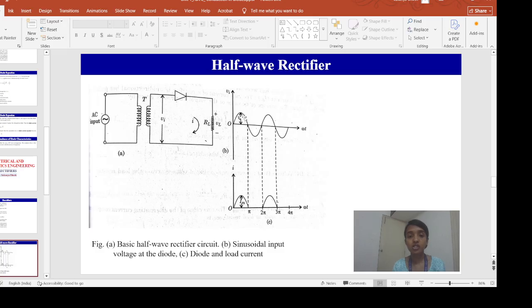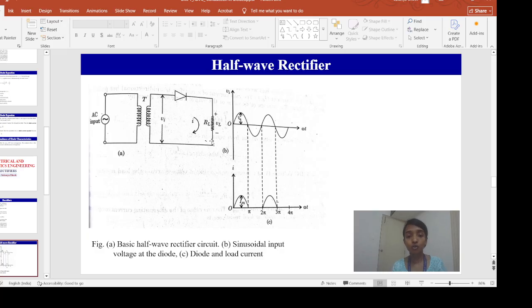So for the positive half cycle, the positive of the diode is connected to the positive of the input signal, so it will make the diode on. Diode on means, if it is an ideal diode, the voltage drop across the diode will be 0 volt, so it will be short circuited. But if it is a silicon diode, the voltage drop across it will be 0.7 volt, so I can simply replace it by a line.